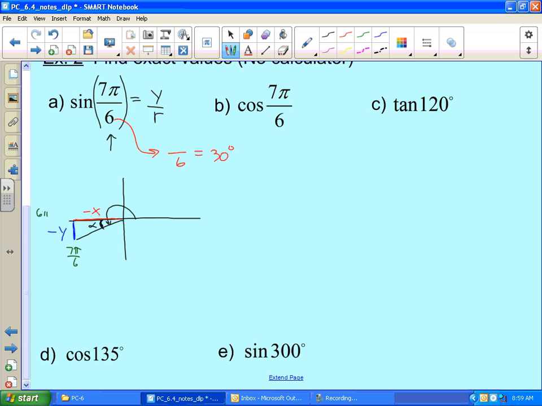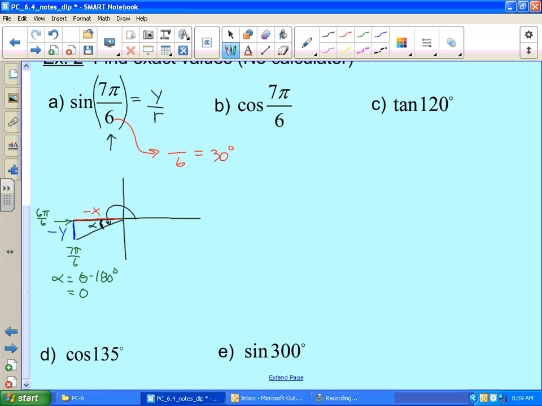Remembering that 6 pi over 6 is right here. So what do we do to figure out what's our leftovers? Well, we were working with our reference angles in degrees. Let's try it in radians now. In quadrant 3, we said that our reference angle in degrees was always going to be theta minus 180. Well, now we're in radians.